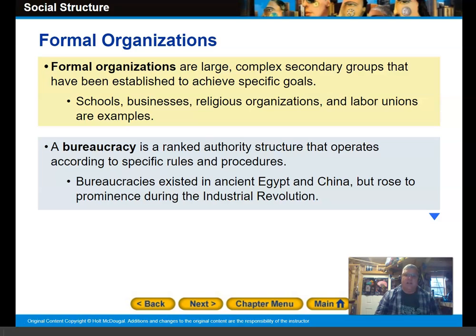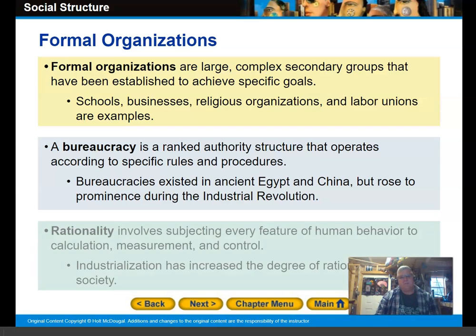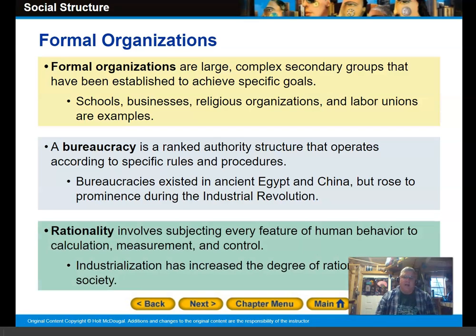Bureaucracies existed in ancient Egypt and China, but rose to prominence during the Industrial Revolution. Rationality involves subjecting every feature of human behavior to calculation, measurement, and control. Industrialization has increased the degree of rationalism in our society.